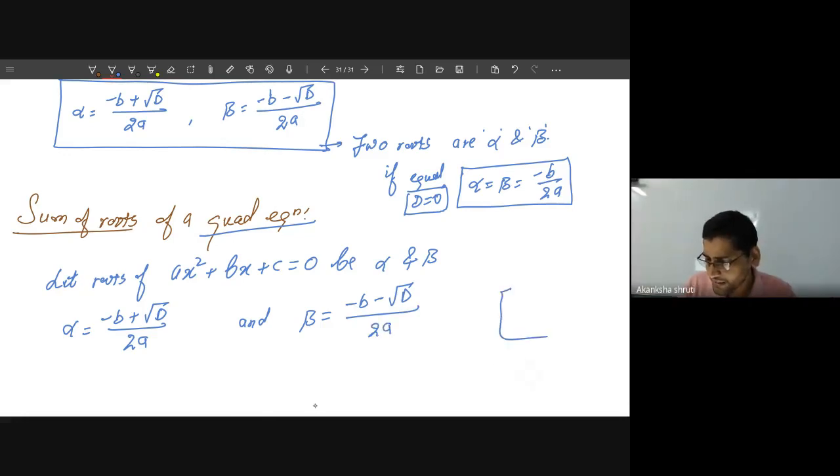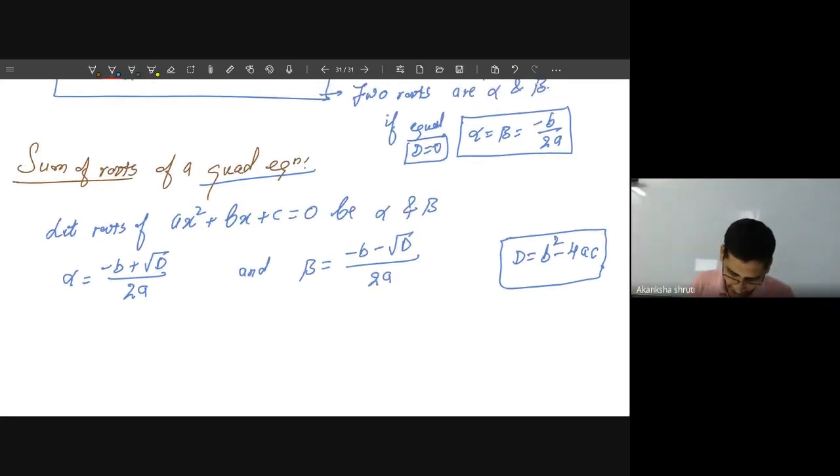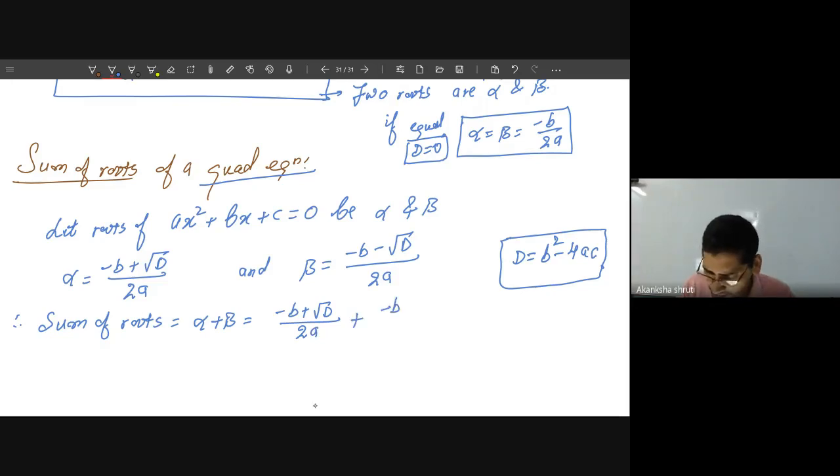Students, we always have to keep in mind that this D is an expression, which is b square minus 4ac. So this much is denoted by capital D. Now, to get alpha plus beta, that is, the sum of roots, we add these two: minus b plus under root of D divided by 2a, plus minus b minus under root of D by 2a.